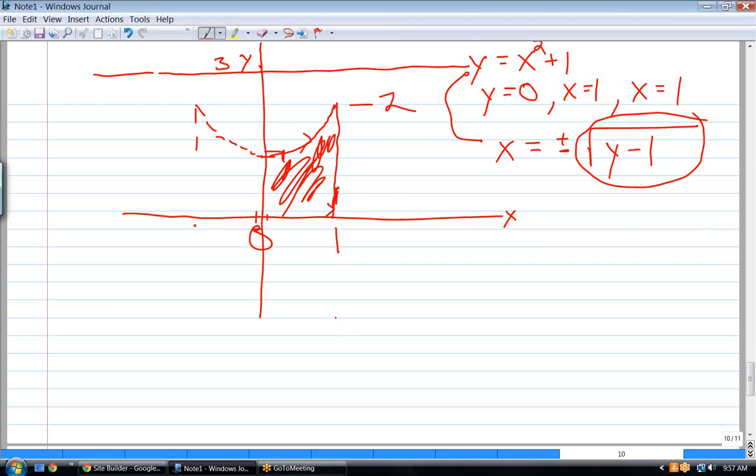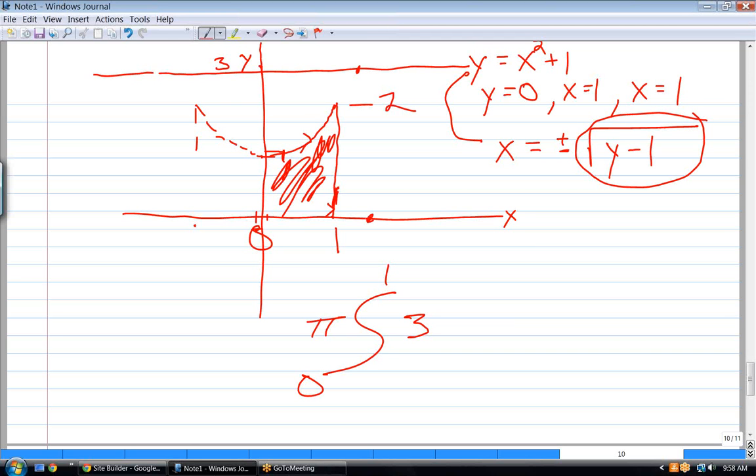So I'm going to integrate from 0 to 1. We need a pi here. What's the outside radius squared? The outside radius would be 3, the distance from here to here.